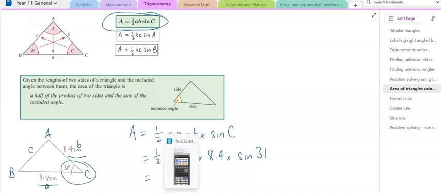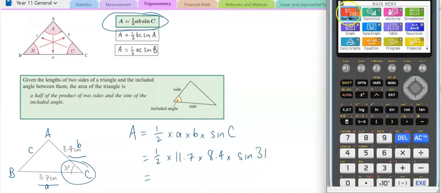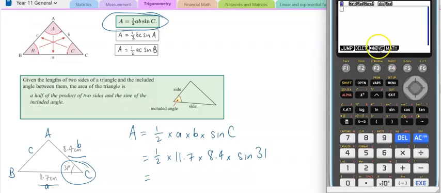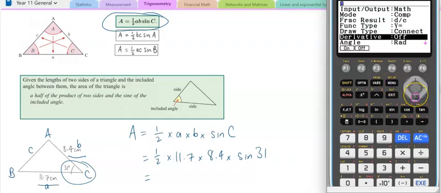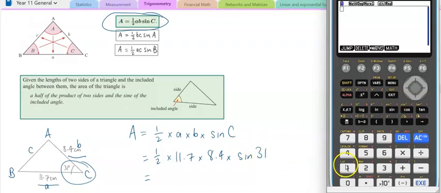Now, just quickly, if you are using a graphics calculator like I am here, once you head into your run function, make sure it's set to degrees or you won't get the correct answer. By default, these are set to radians. So to change that from radians to degrees, we go Shift, Menu, so that activates the setup. We can scroll down there and change from radians to degrees, exit, and then we're just putting in this formula here.